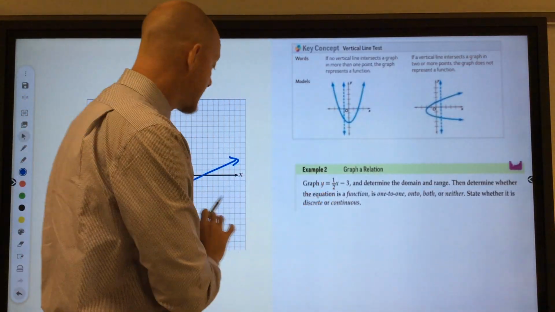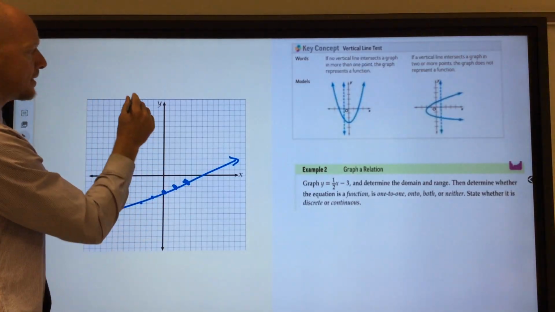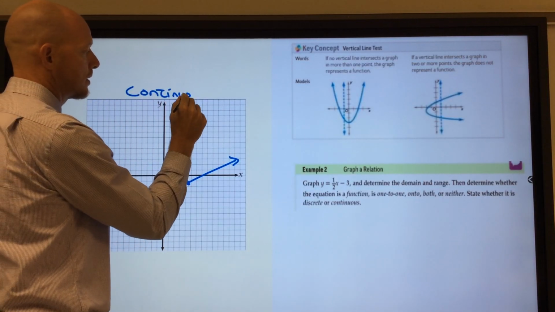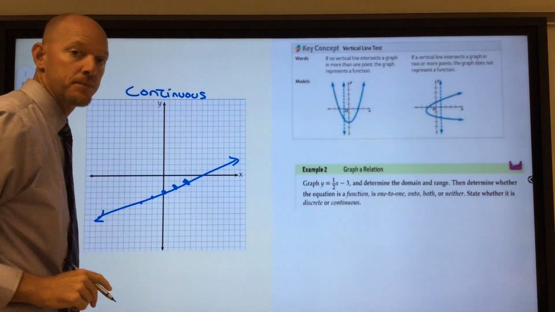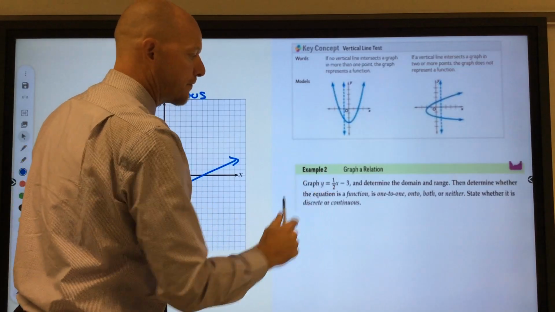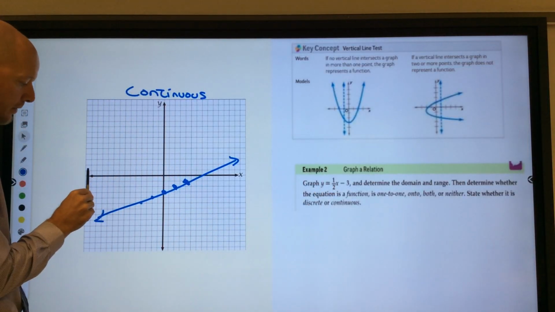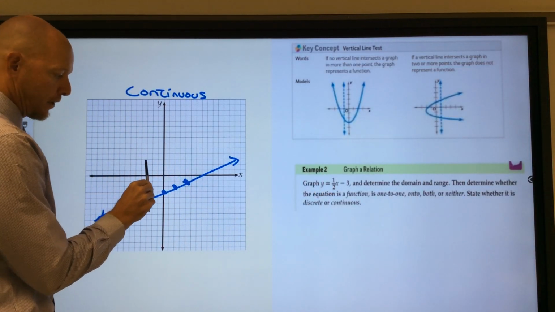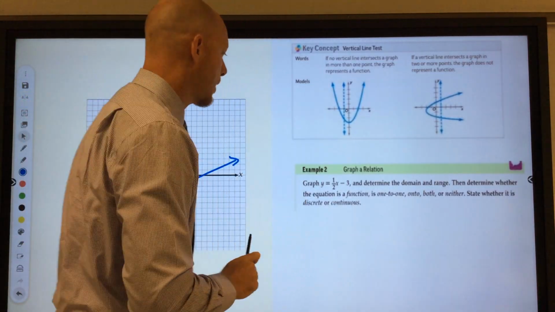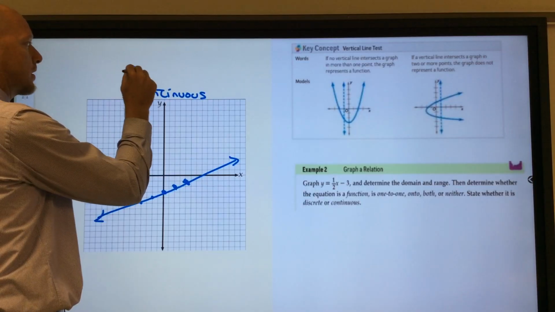So now, since we connected that whole thing, we can see that this is actually going to be continuous. But that wasn't all that it asked me to determine. All right, determine if it's a function. So I'm envisioning a vertical line. Does my vertical line ever intersect more than one point? Nope. So this is a function.